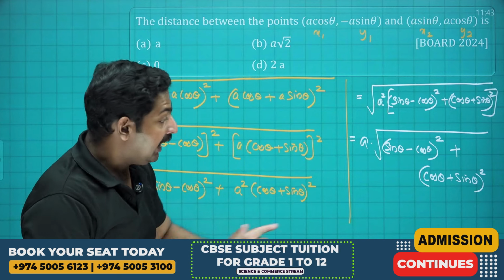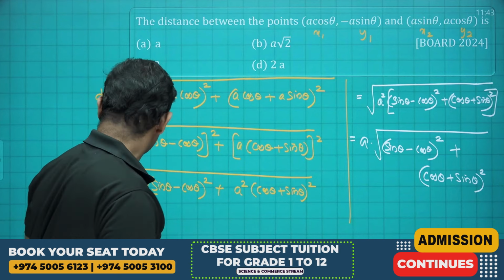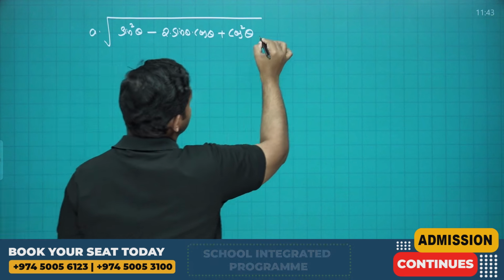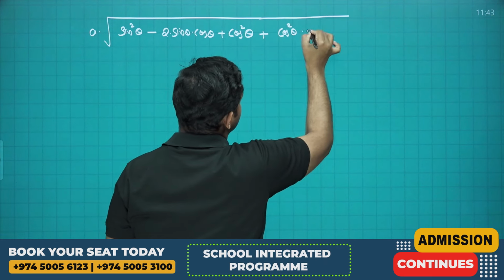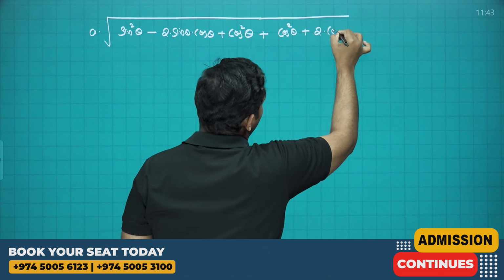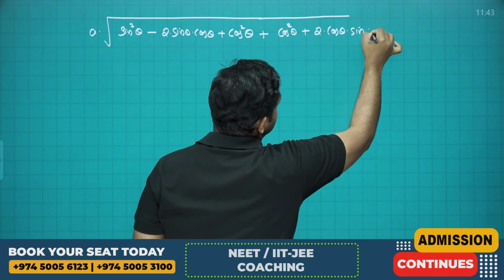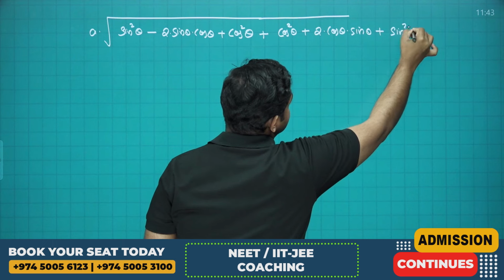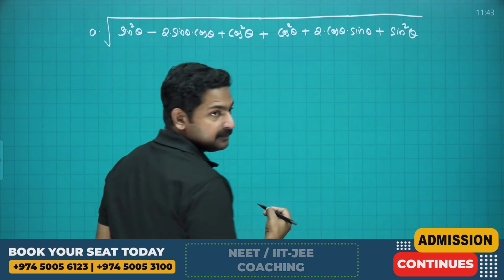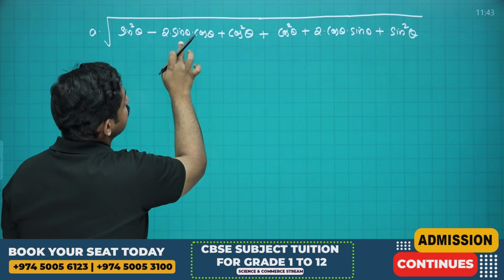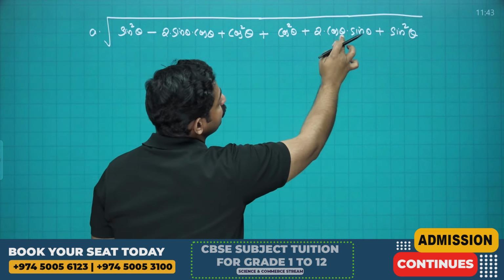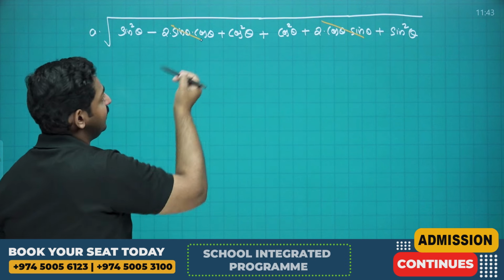And the second bracket is (a plus b) the whole square, so when you expand, plus cos square theta plus 2 cos theta sine theta plus sine square theta. Now you can see here minus 2 sine theta cos theta is there, plus 2 cos theta sine theta is there. You can cancel it.